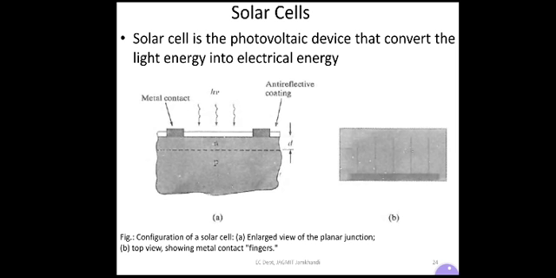When the p and n layers are connected to an external circuit, electrons flow from the n layer to the p layer. Using the metal contacts, it is connected to the external circuit, and therefore current is generated.